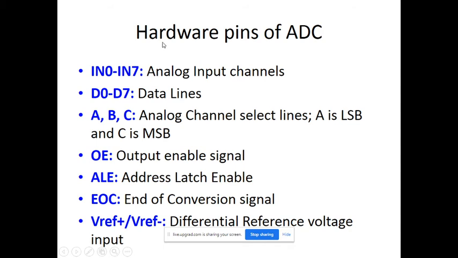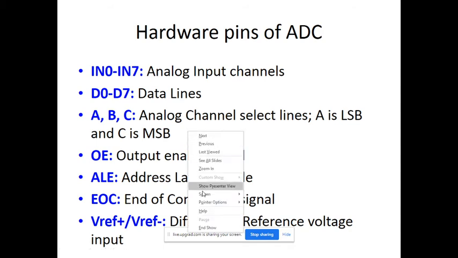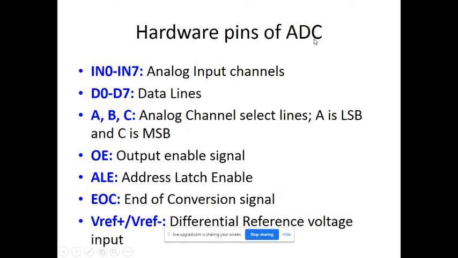Now the next point is the hardware pins of the ADC. There are 8 channels, that is channel number 0 to channel number 7. Then 8 data pins to carry 8-bit digital data to the controller.